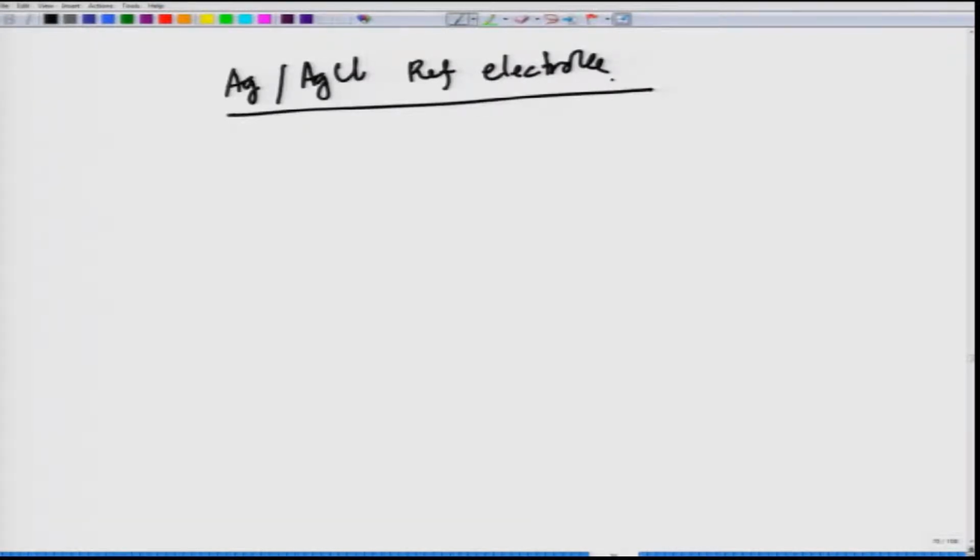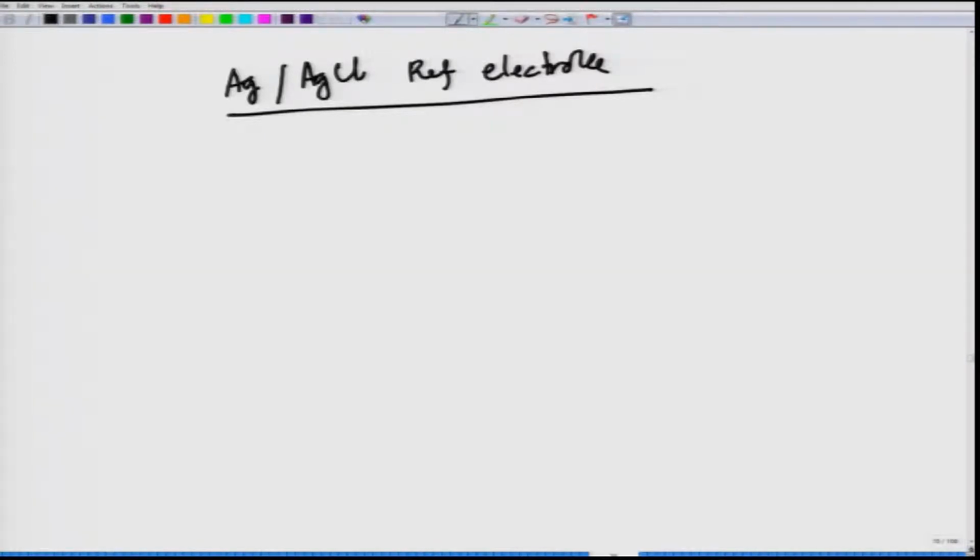So, the AgCl reference electrode, silver chloride electrode, is basically a half cell. Okay. So, this electrode is constructed as a thin tube that can be dipped into analyte solution.